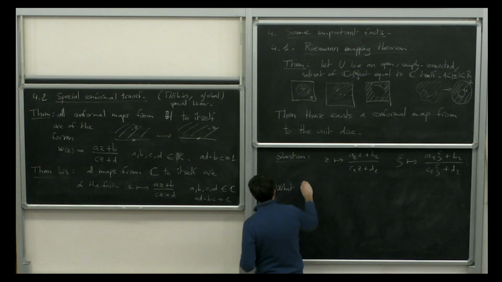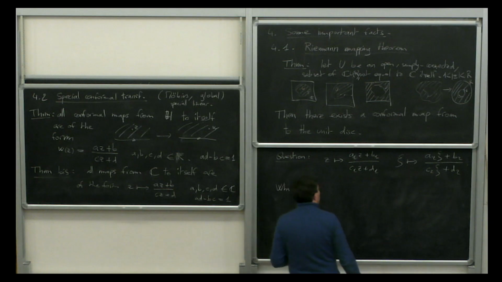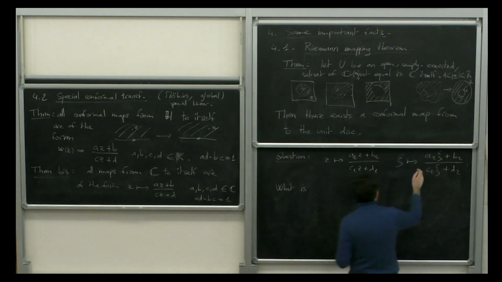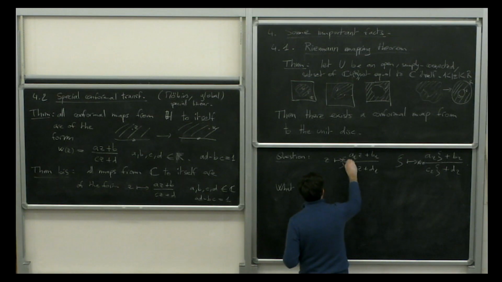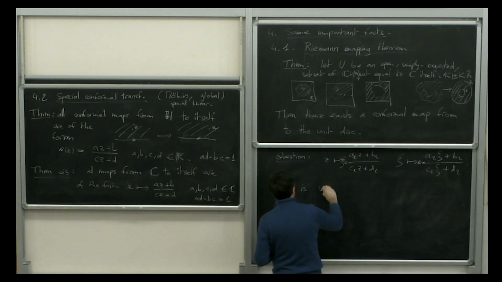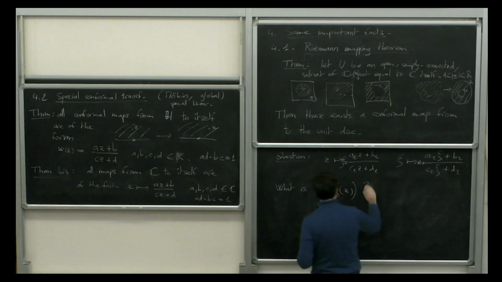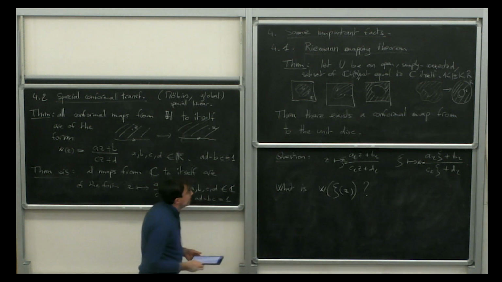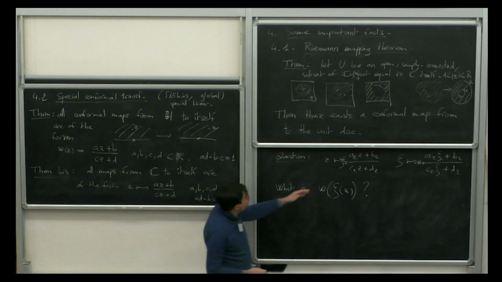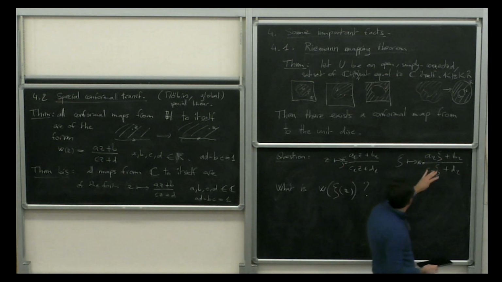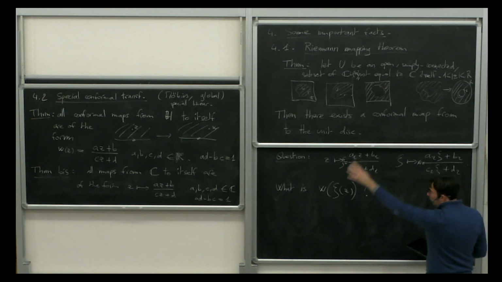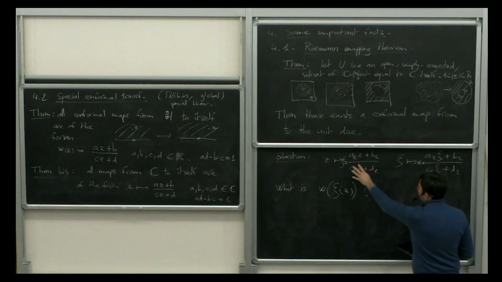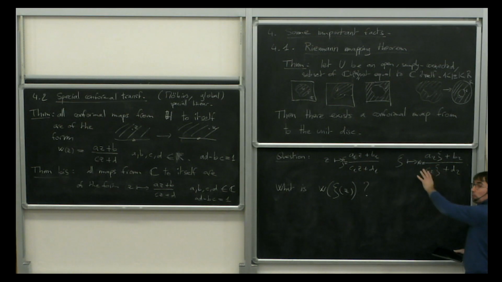So let me call this W, and this is zeta. So what is W of zeta of Z? You see, if these parameters are complex, then this is a map from the full complex plane to itself. This is also a map from the full complex plane to itself.